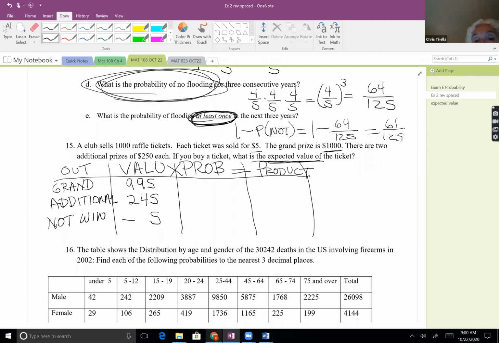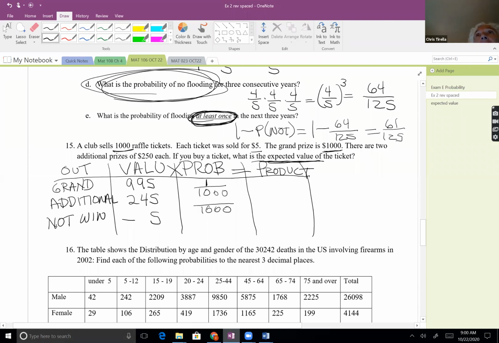Now for the probabilities, there are 1,000 tickets. How many grand prizes are there? Just one. For the additional prize, there's still 1,000 tickets.